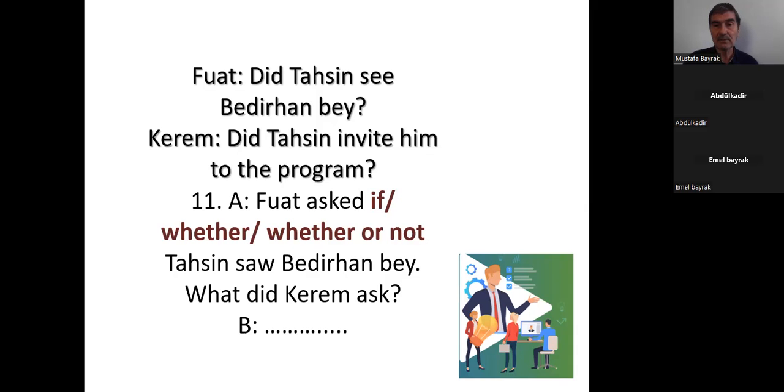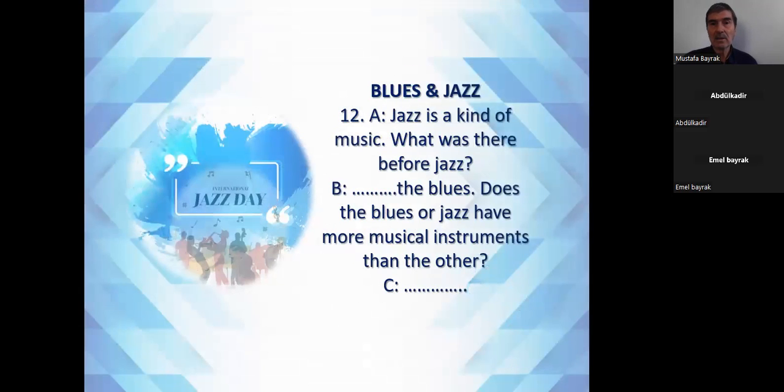All right. Now, let's study and see some functions and structures and vocabulary and phrases and meanings in a context. In music context. Blues and jazz again. 12a.